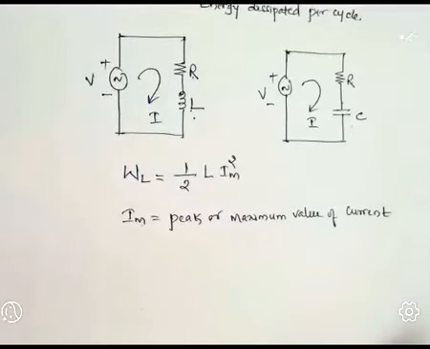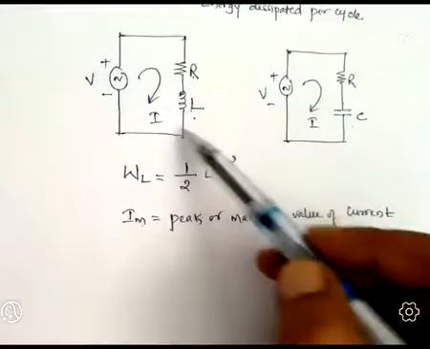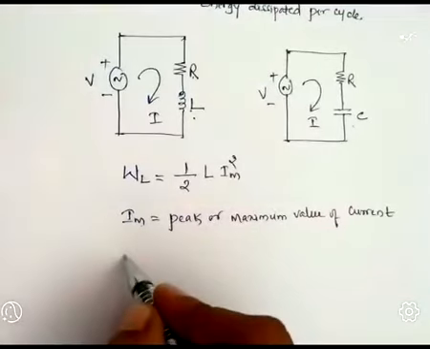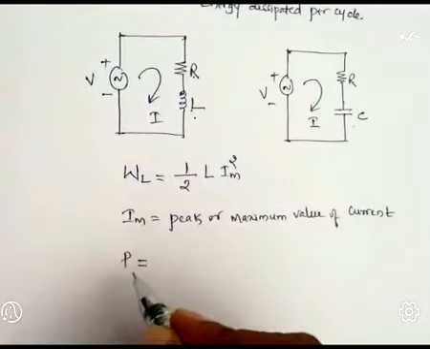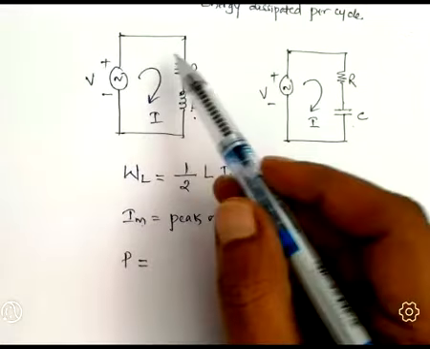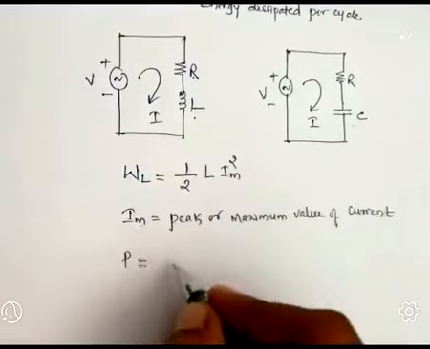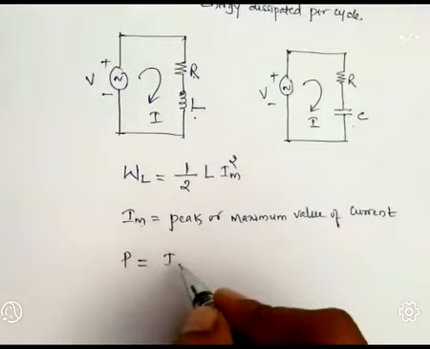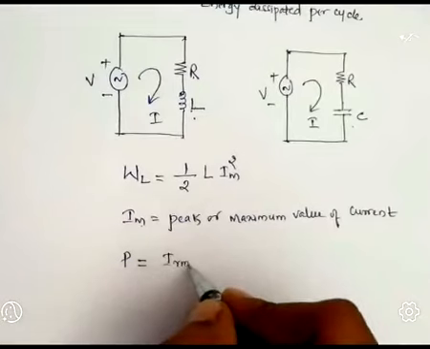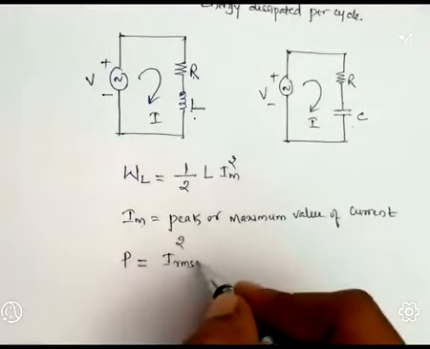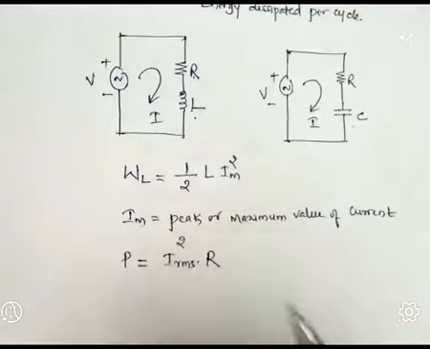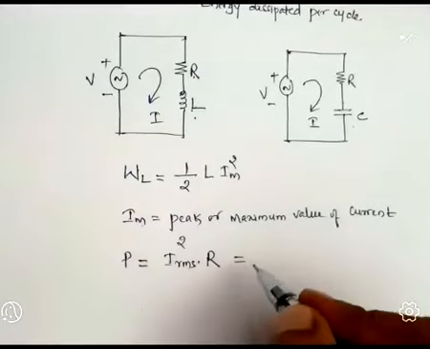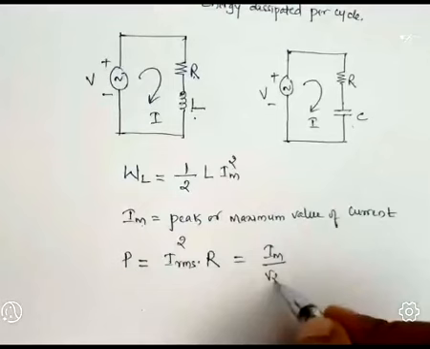Similarly, the average power dissipated in this circuit is represented by P. Average power dissipated in the inductor is given by P equals IRMS square multiplied by R. What is the IRMS? It is maximum current divided by square root of 2.